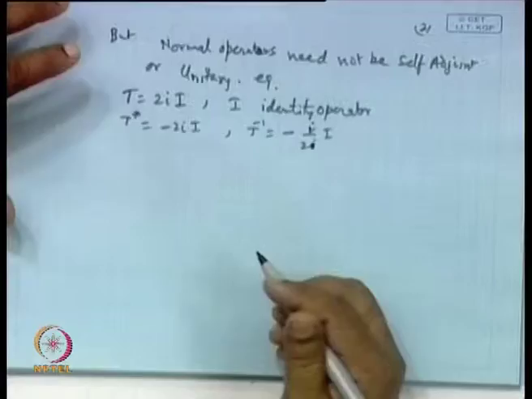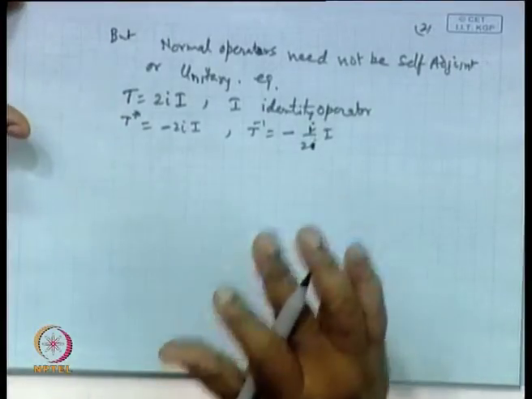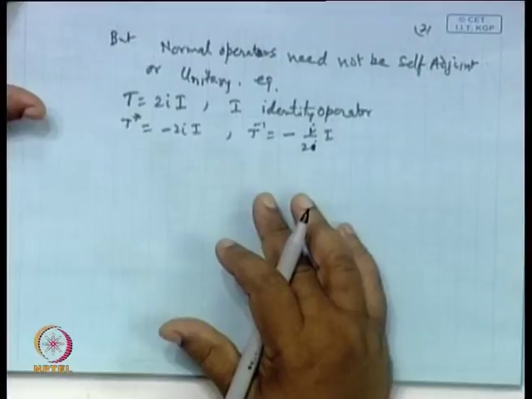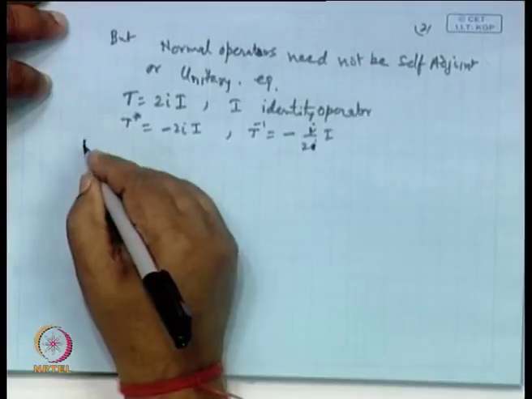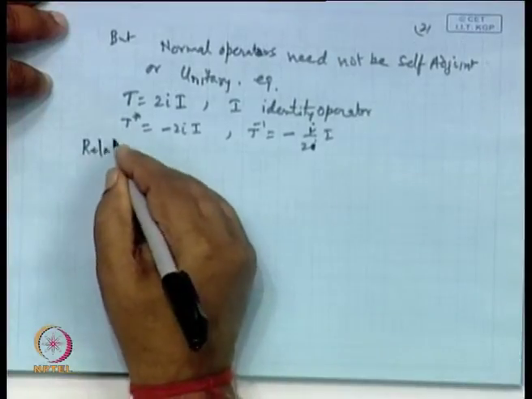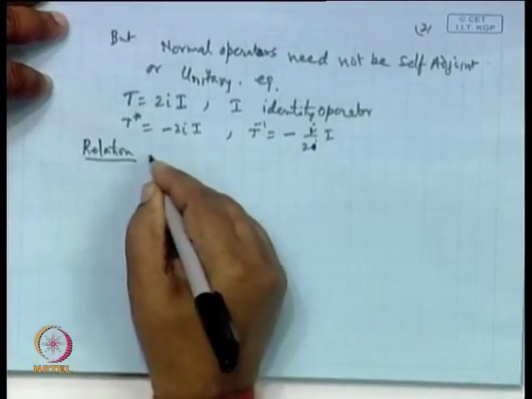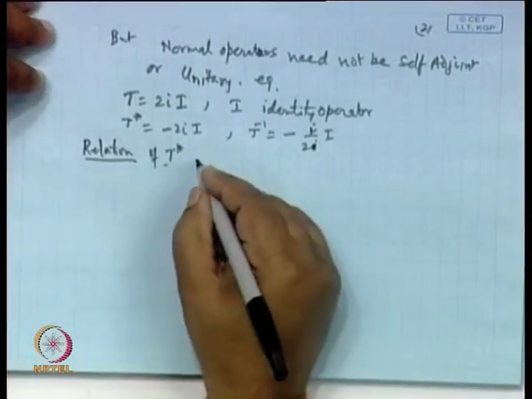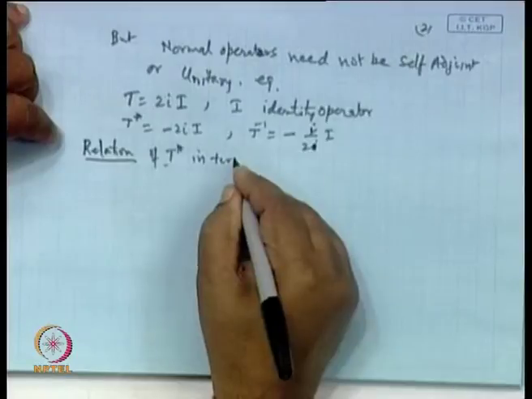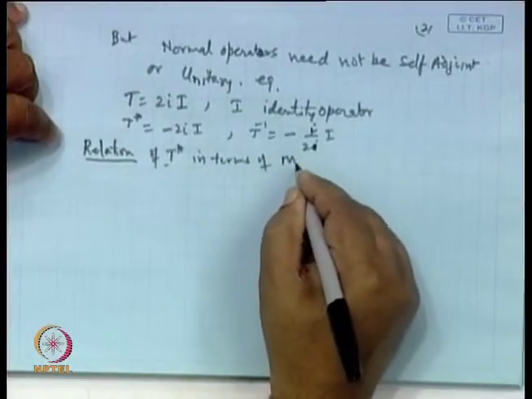So, we want to derive the relation for T star in terms of a matrix when T is defined over a finite dimensional Hilbert space.